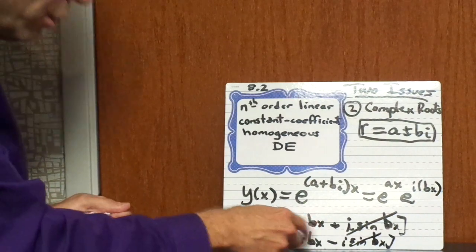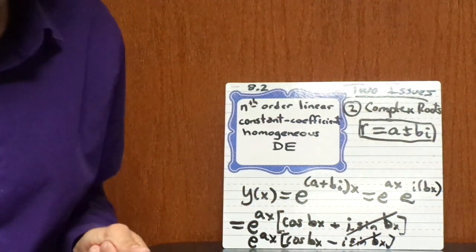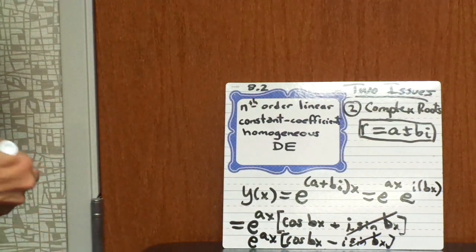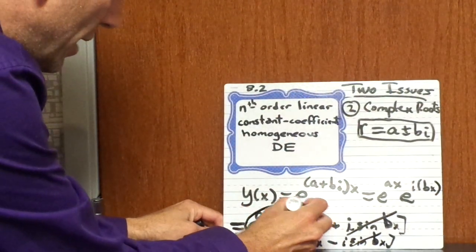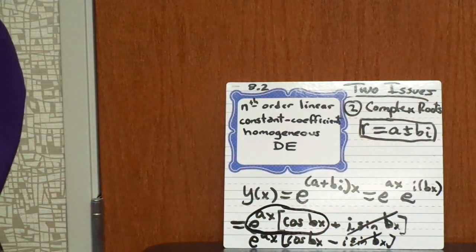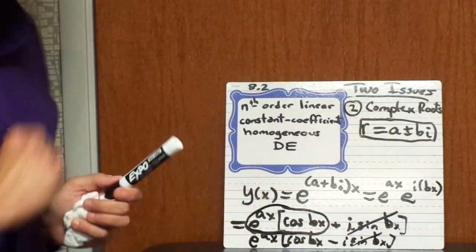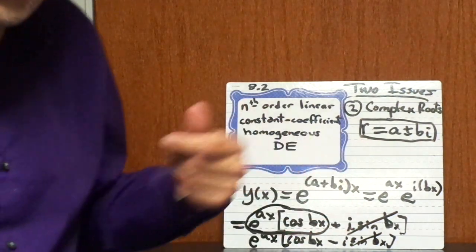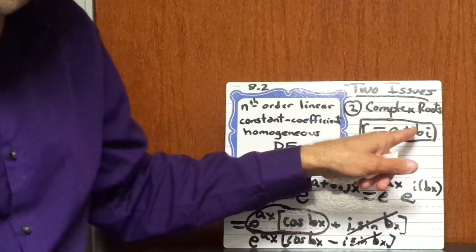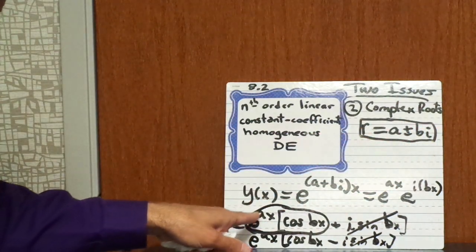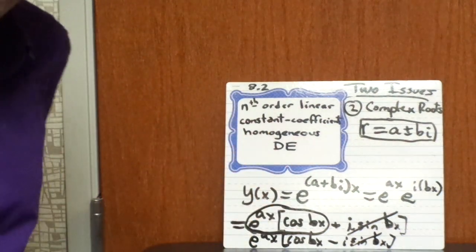It's really 2 times the real part, but I can multiply by a 1/2 and scale it back down so that I obtain just this guy right here as a solution. Isn't that great? We get a real solution that has no imaginary numbers in it. The a and the b from the complex root show up in the exponential and the cosine parts specifically.